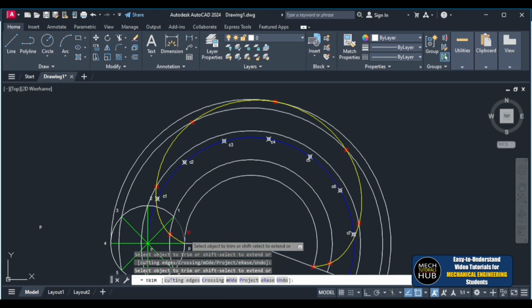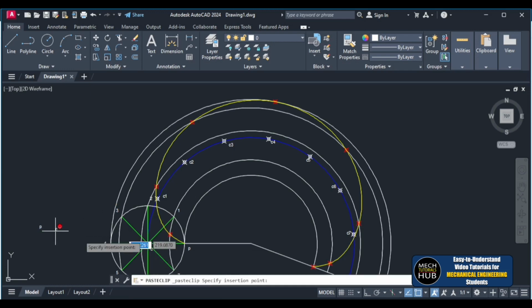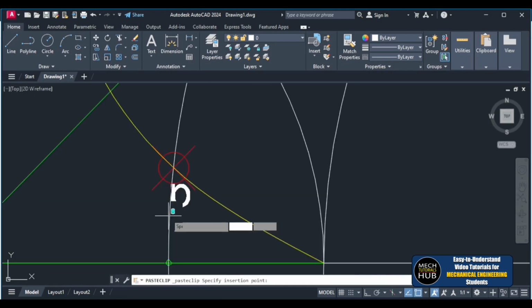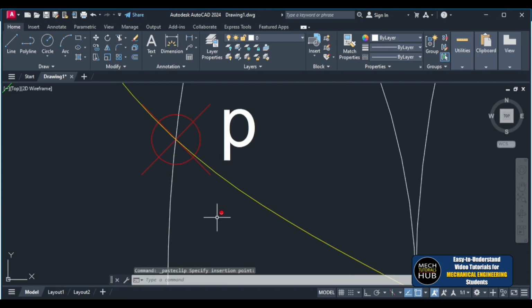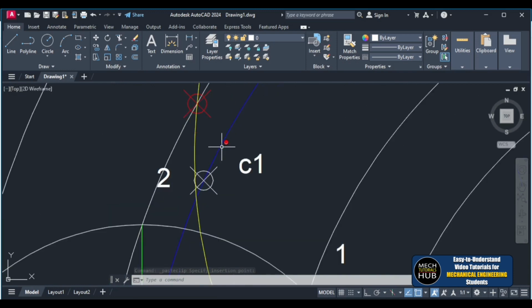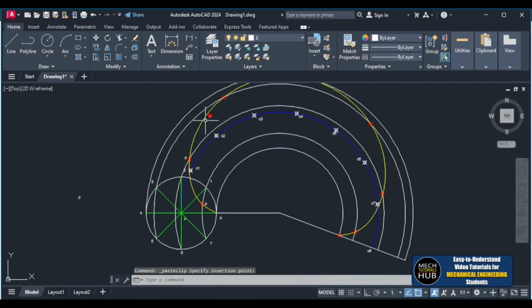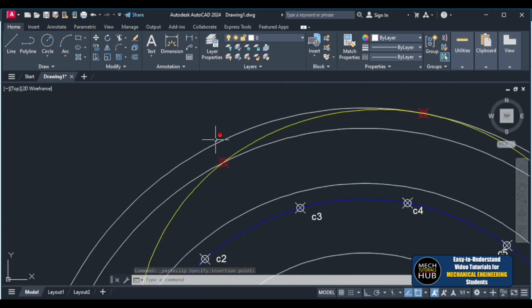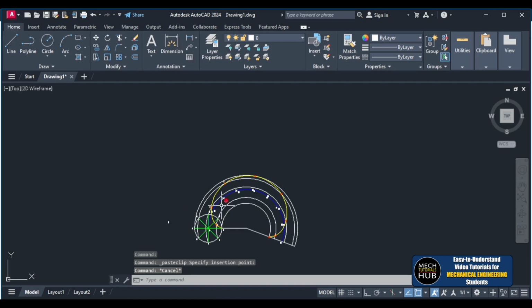At every instance you're supposed to give a label. Let me take this P, Control C, Control V, and wherever you got this instance, I name it as P1. Similarly this has P2 and this has P3. Accordingly I'll try to place all the points.